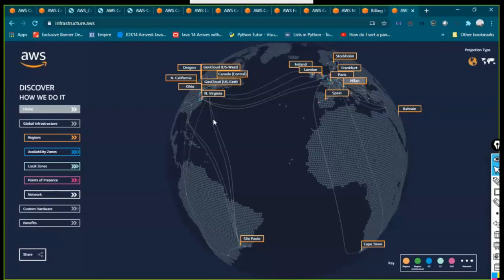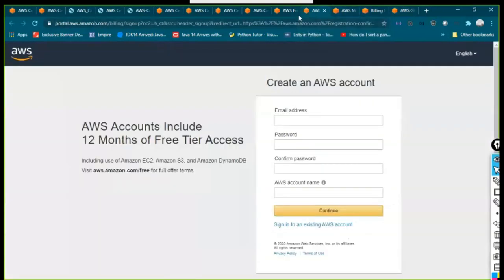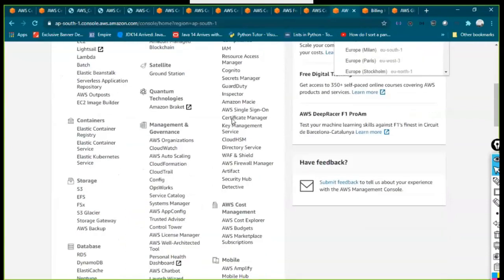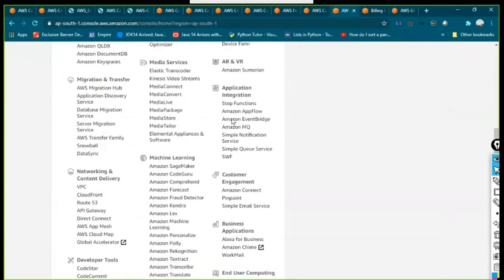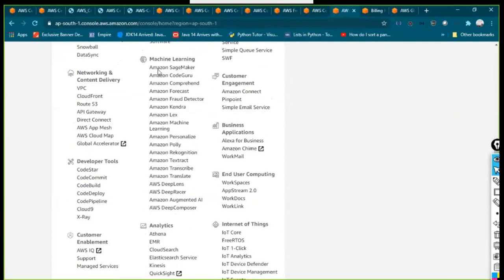I can even show you one thing. Take the example of machine learning alone. If you are interested in machine learning, probably you can try.